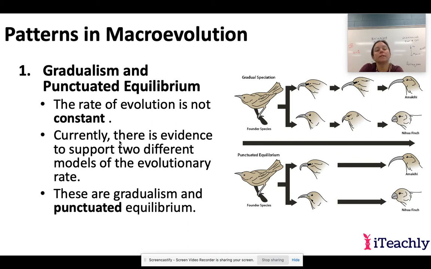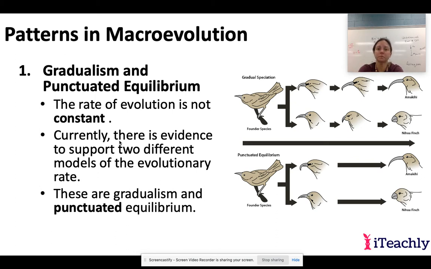So the difference between gradualism and punctuated is just as it sounds. Gradual, it's gradual, right? Punctuated, we go from one to this jump, where gradual is at an incremental constant rate, right?